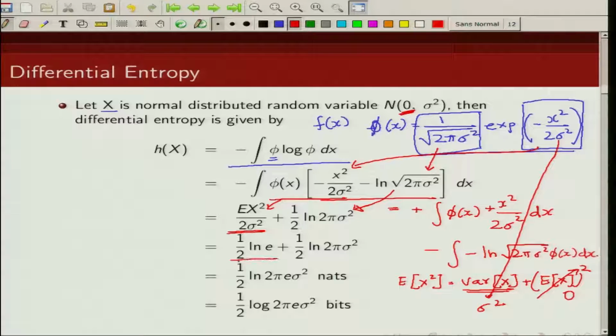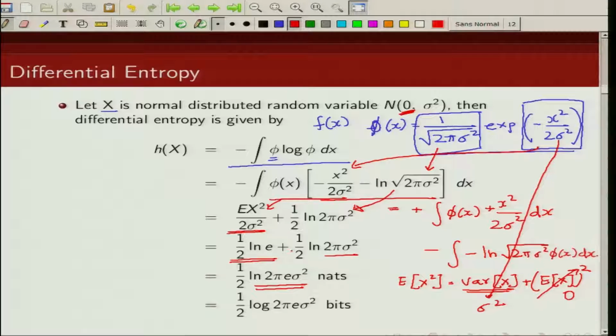So half, I can also write it as half of natural log of e, and this is of the form half of natural log of e plus half of natural log of 2 pi sigma square. So this is log a plus log b, which can be written as log of a times b. So then this can be written like this.